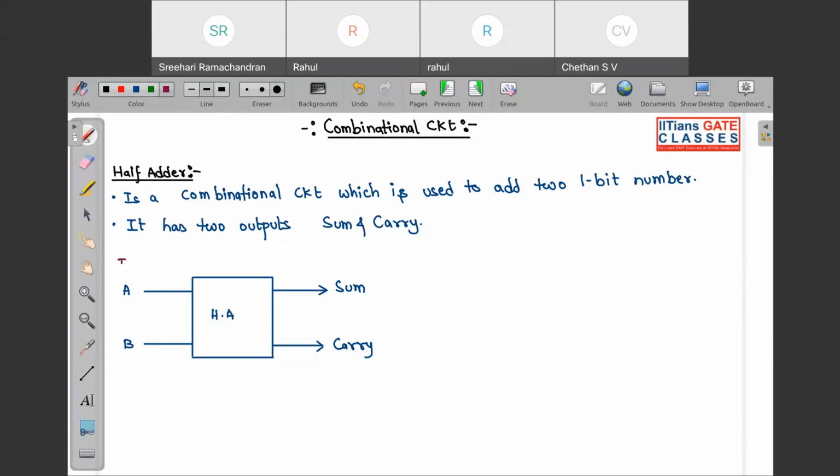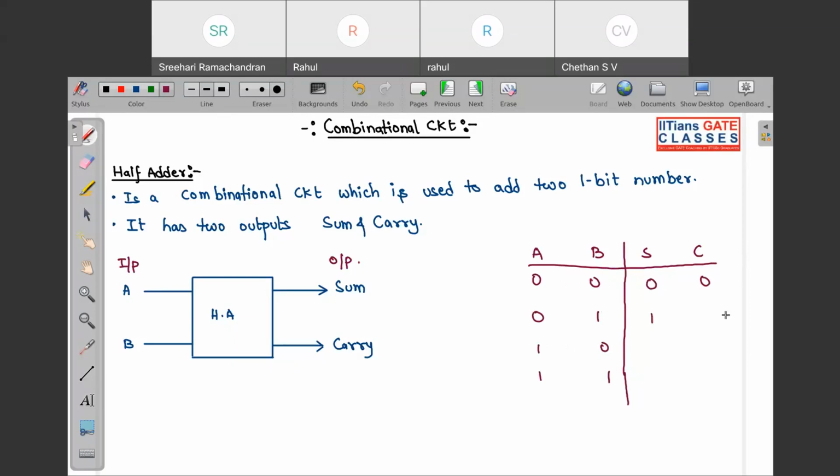So here these are your inputs and these are your outputs. So this will be sum, this will be carry. So you can see what? If A is 0, B is 0, if we add these two, sum will be 0, carry will be 0.